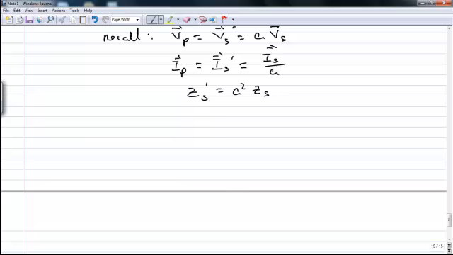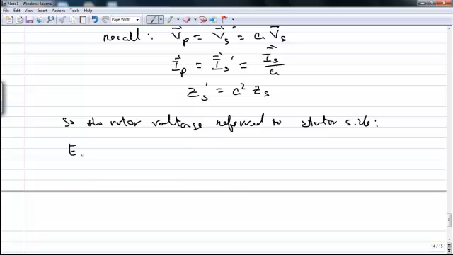Okay, so if the effective turns ratio is A effective, then the rotor voltage transformed over to the other side, the rotor voltage referred to the stator side, which we'll call E_R prime, E_R referred over, is equal to A effective times E_R0.